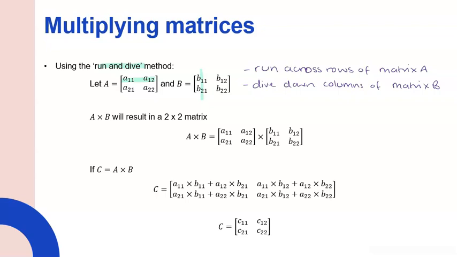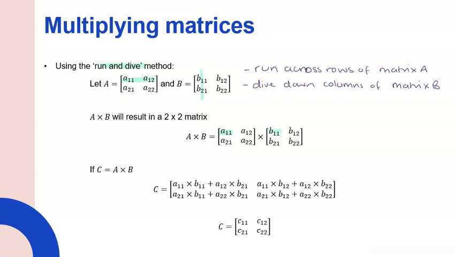If we have matrix A and its elements labelled with their row and column reference, and matrix B also labelled with row and column reference, then our product matrix, matrix C, is given as we're running across this row of A. So the first value would be A in row 1, column 1, times B in row 1, column 1.